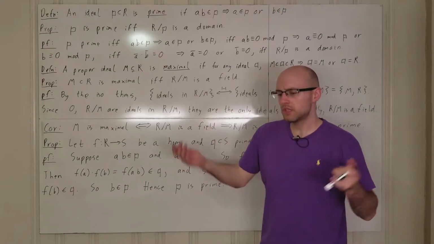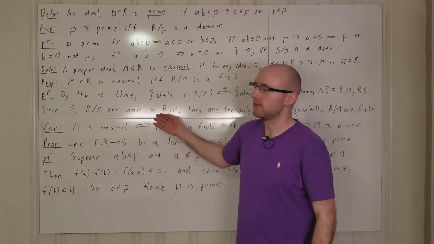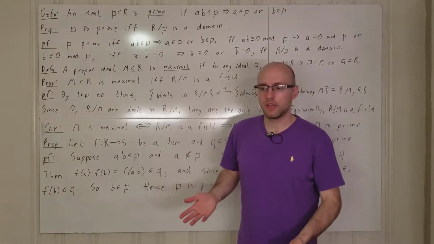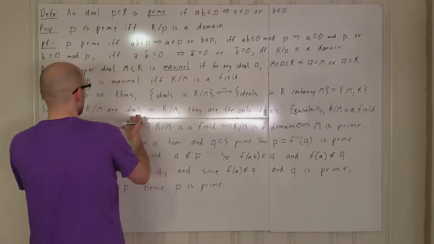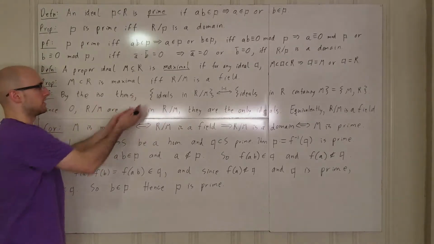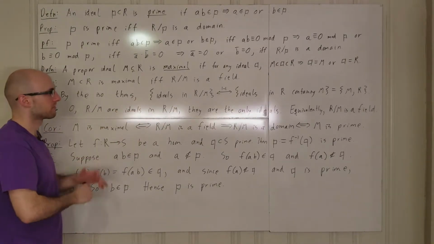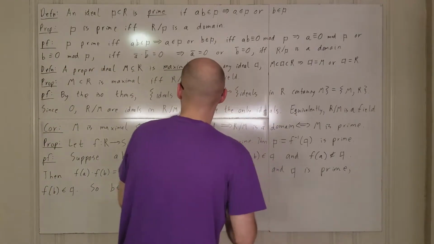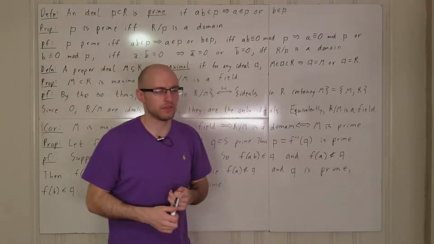And let's see here. We know that 0 and R mod M are obviously going to be ideals in this set. But the set has two elements, and we found two elements, and so these two elements that we found are the only elements in here. And so 0 and R mod M are the only ideals in R mod M. And then we use the fact that this is equivalent to R mod M being a field.